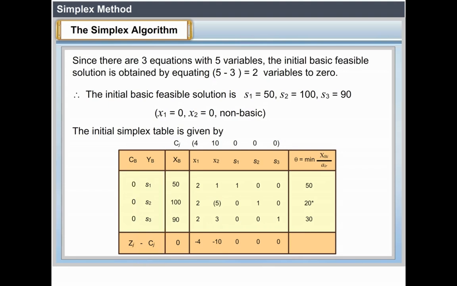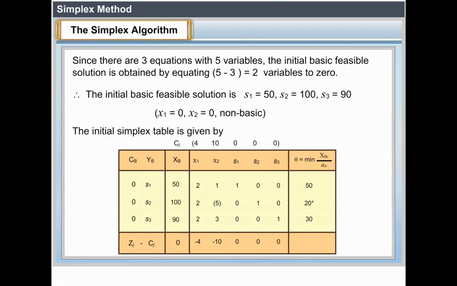Finally, Zj minus Cj is obtained by multiplying each and every column with CB and then subtracting Cj. The CB column is filled by the cost coefficients in the objective function, that means 0, 0, 0. The YB column is filled by S1, S2, S3, which we take as the basic variables initially.